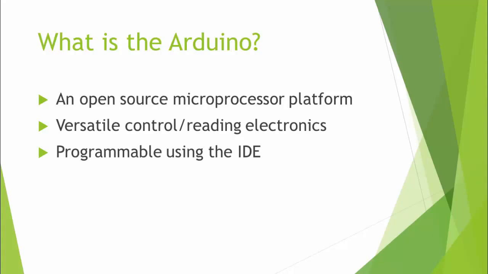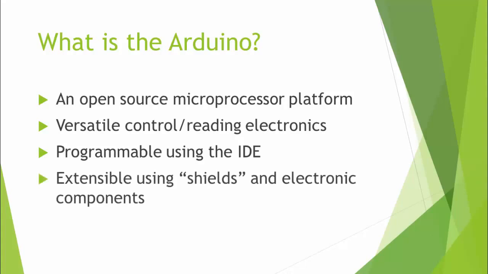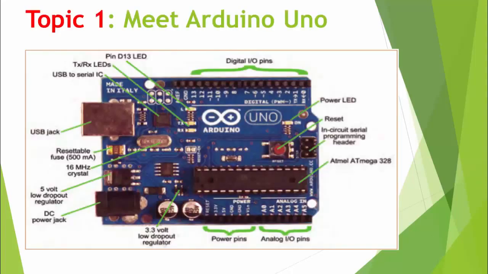It can be programmed using an integrated development environment that is again open source. It can be extended using hardware shields and other electronic components. And it can be connected up via simple pins or other devices that we'll see as the days unfold.